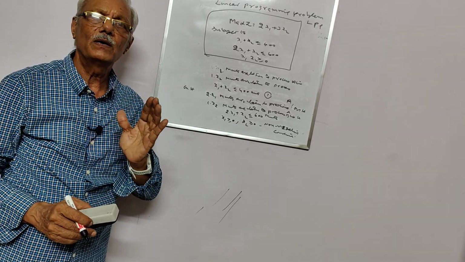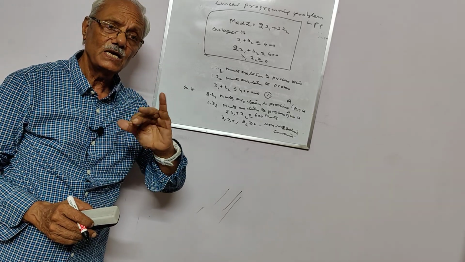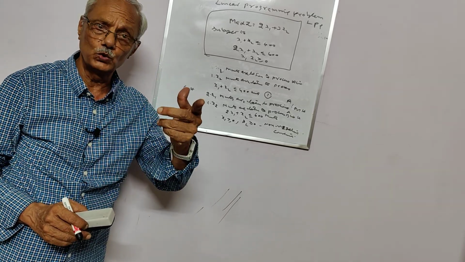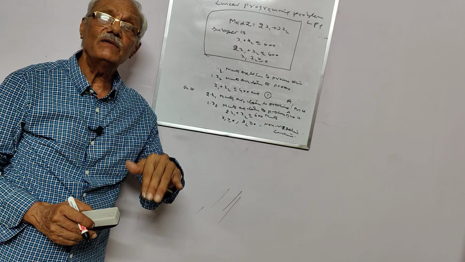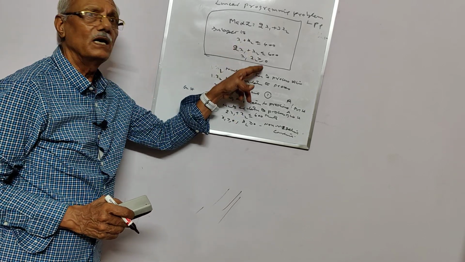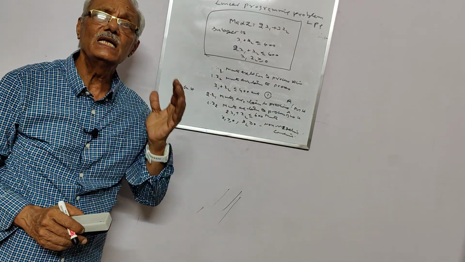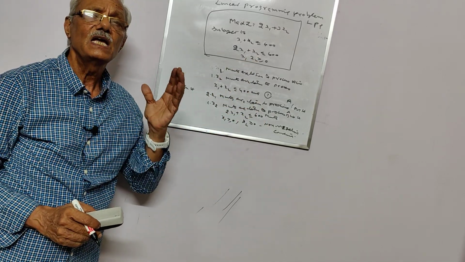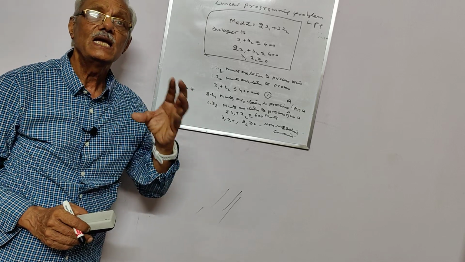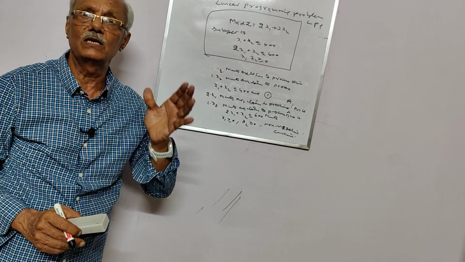Another problem is, if the constraints or hurdles are in plenty, say 5 or 6, it will be very difficult to draw even in the two-dimensional frame.